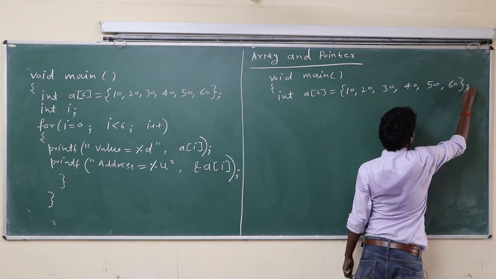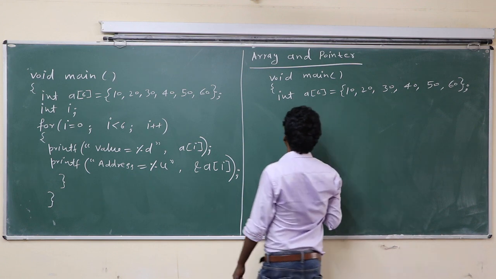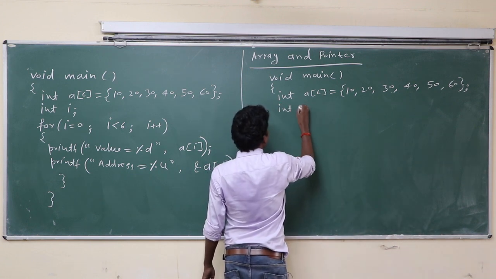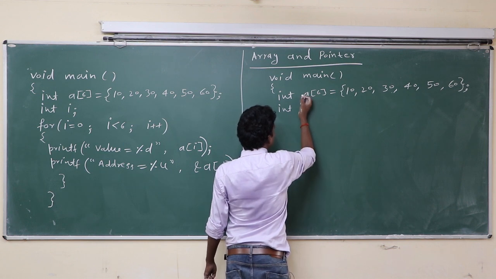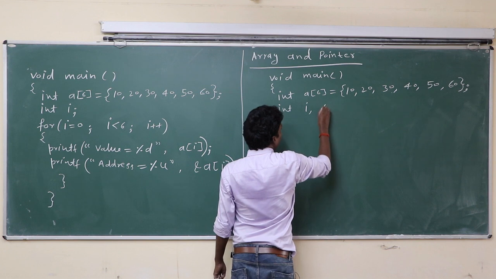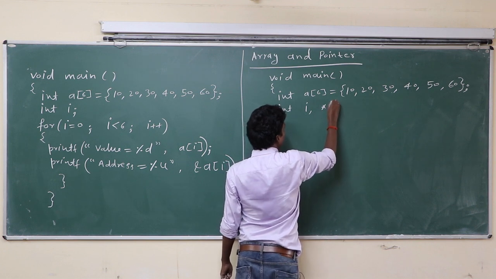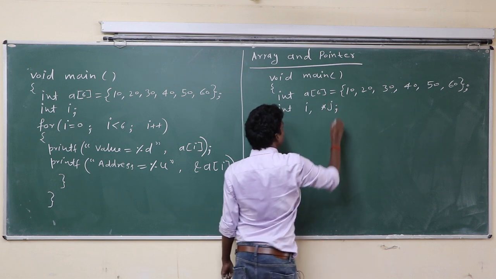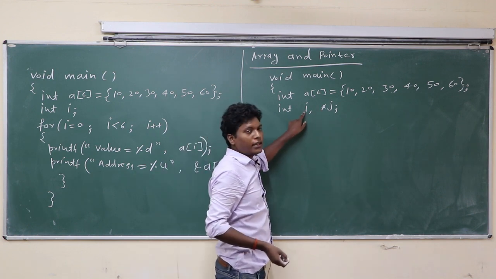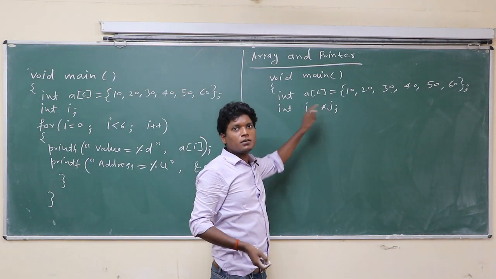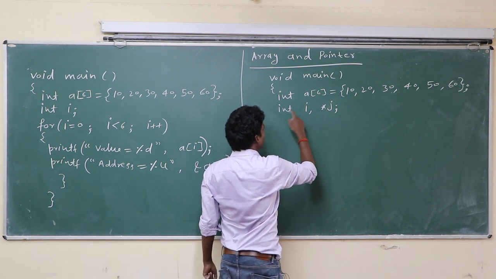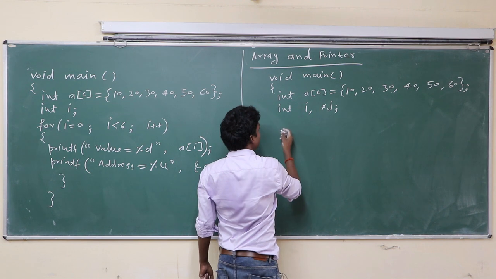There are 6 elements. Array is an integer array and there are 2 variables, int I comma asterisk j. There are 2 integer variables I and j, where I is an ordinary variable, j is a pointer variable. Okay, j is a pointer to integer.